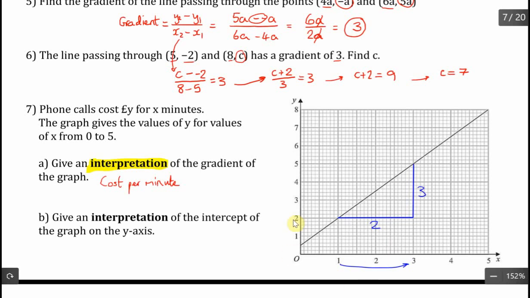The amount of money it's costing me has gone from 2 to 5, so 3. And therefore the gradient, rise over run, is 1.5. Now I would actually use a decimal in this case because that's £1.50. Okay, so it's calls cost £1.50 per minute.